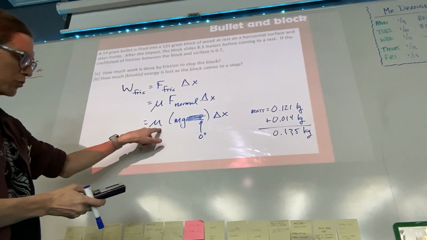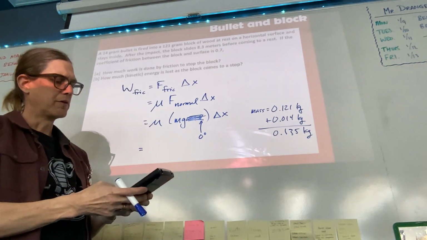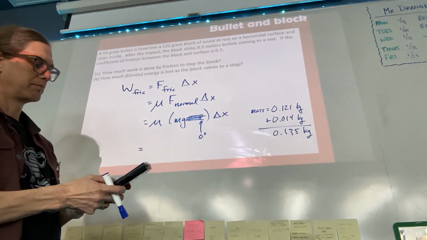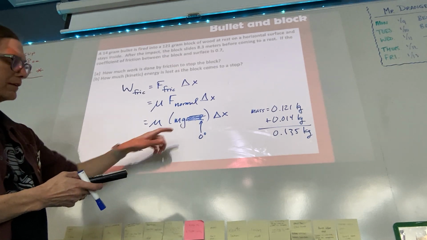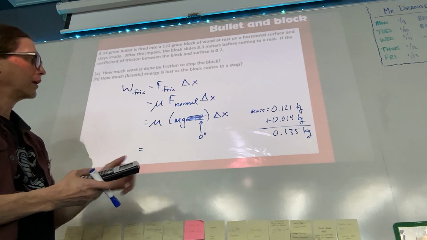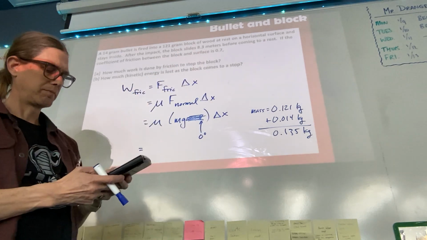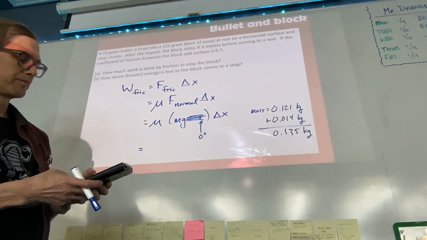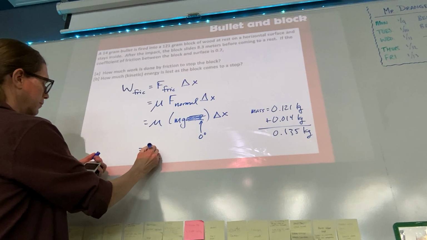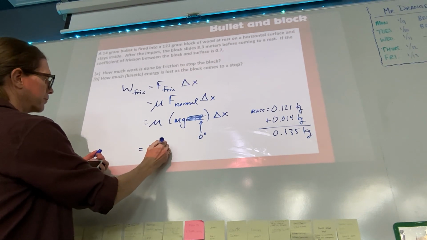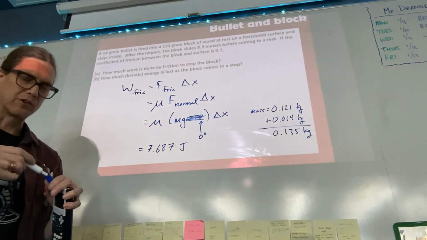So we take our mu, 0.7, our mass, 0.135 kilograms, gravity, 9.8, and we have this distance it slides, 8.3 meters. So that's the work. I'm going to round this a little bit. That's the work that friction did.